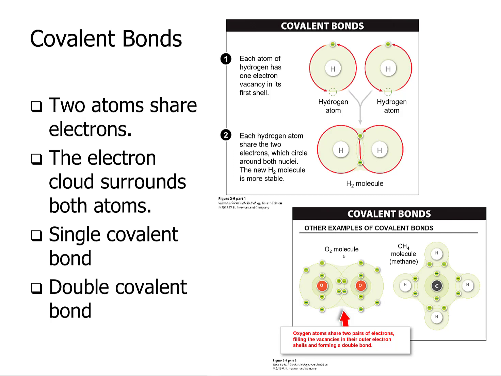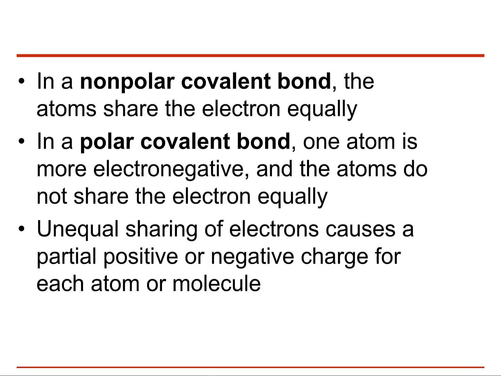And so the O2 or molecular oxygen molecule is represented here by sharing the two. And then methane, that I've already talked about, is that we're sharing 1, 2, 3, 4 of each of those hydrogen bonds, but that is a single covalent bond in each case. And this is a double covalent bond, and so that's pretty straightforward.